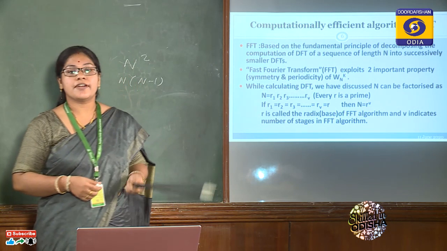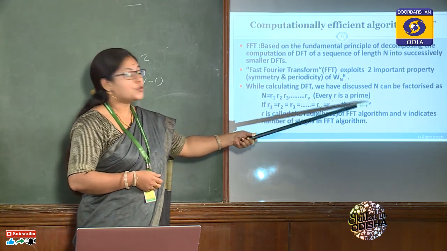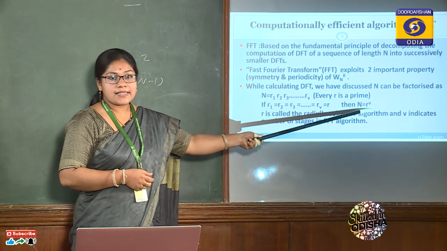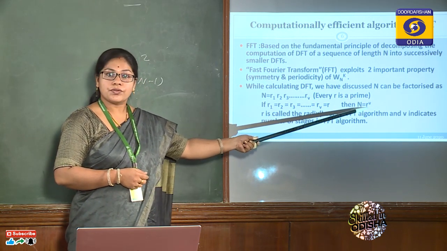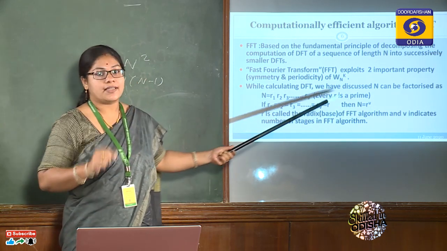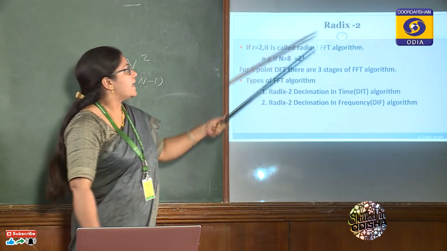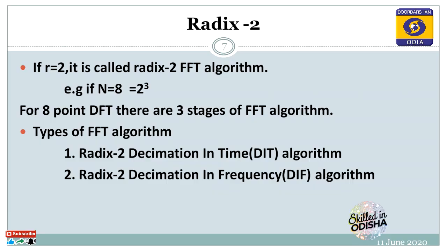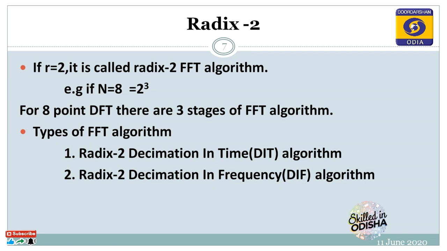For example, if you take N equal to 8, I can take this as 2 to the power 3. You can imagine this is a 3-stage computation with radix 2. So the radix 2 algorithm got its name from here, and on that basis we have divided the FFT algorithm into 2 types: the radix 2 decimation in time algorithm, and the radix 2 decimation in frequency algorithm.